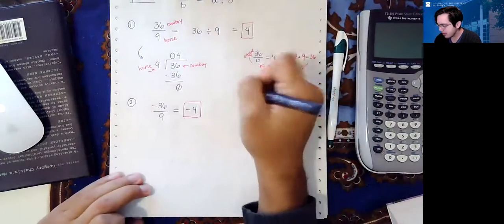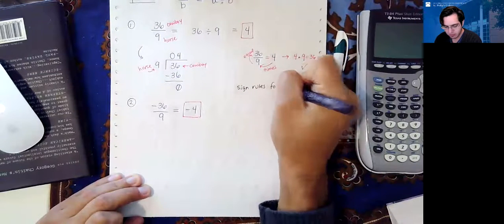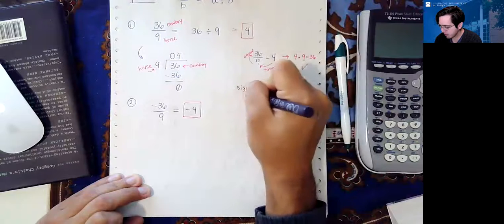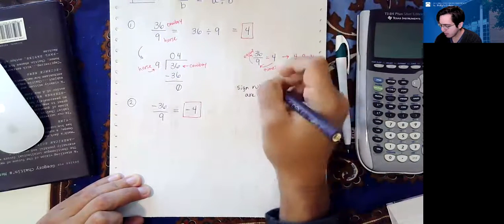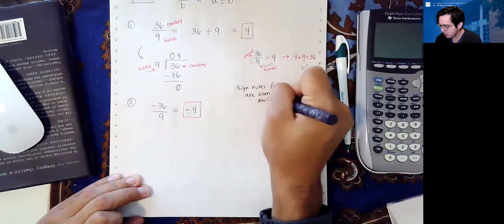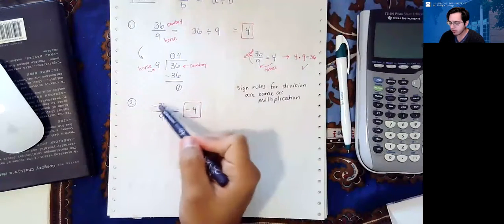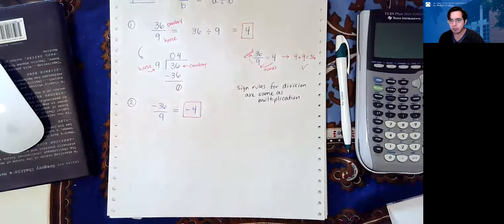So the sign rules for division are the same as multiplication. So if I have one negative number, or different signs, a negative divided by a positive, then my result should be negative.